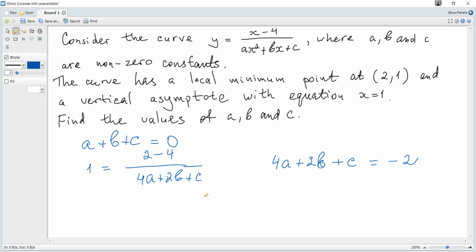And the third, we need the derivative, and we can see that it looks like what? It's division, so we should use what?